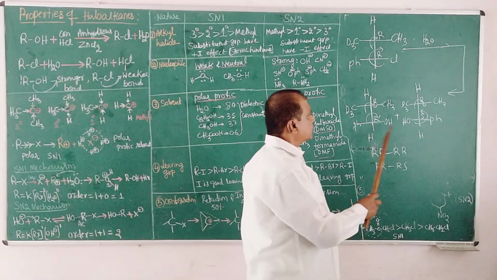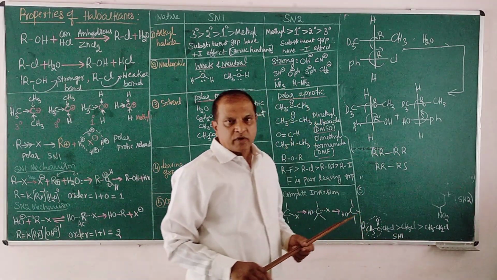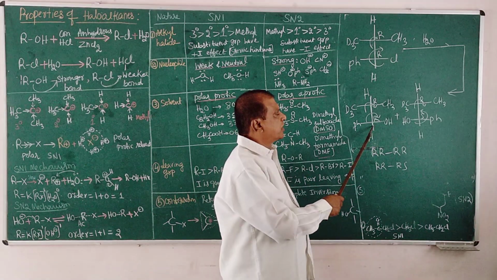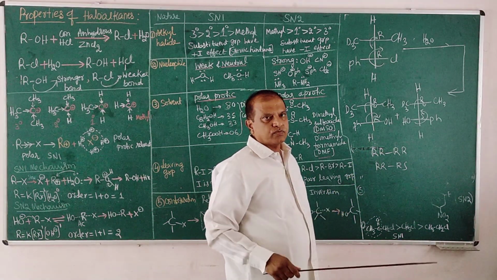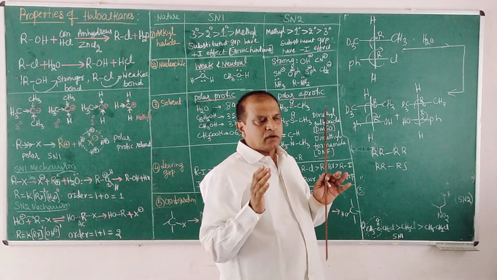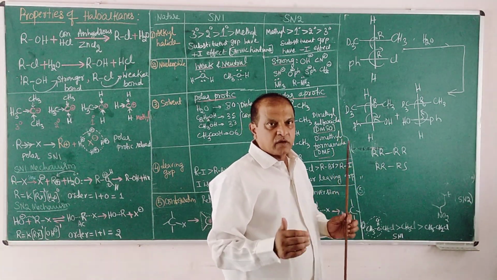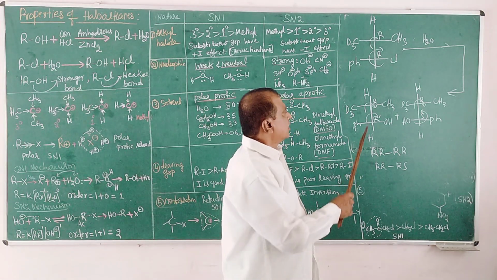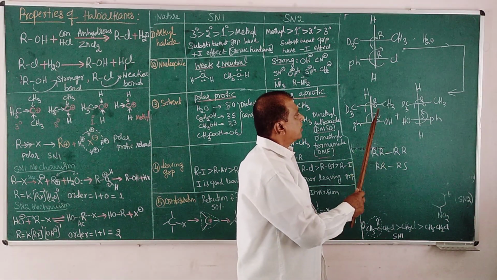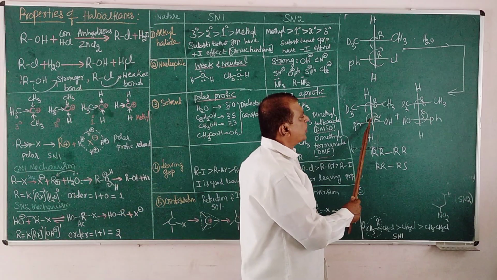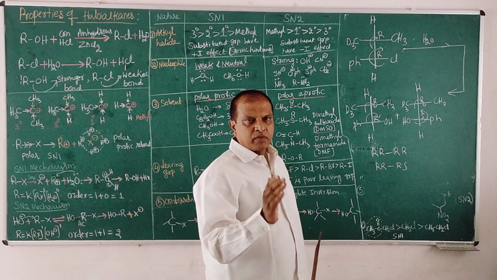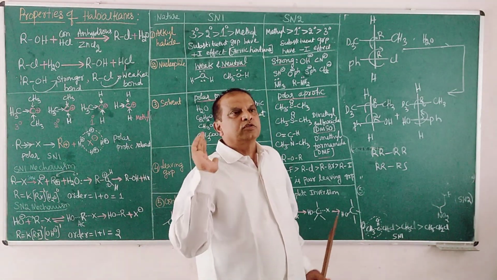Diastereomers are not mirror images. In enantiomers, one is the mirror image of the other, and they are non-superimposable.